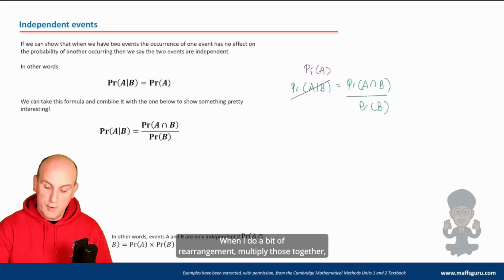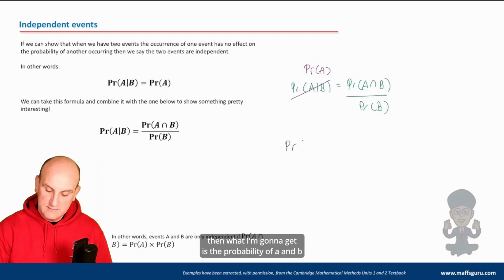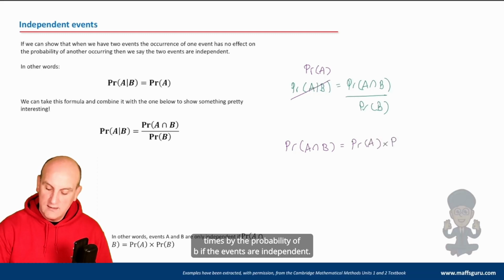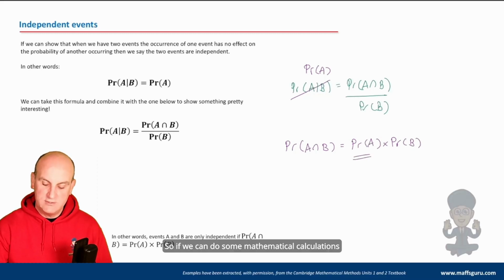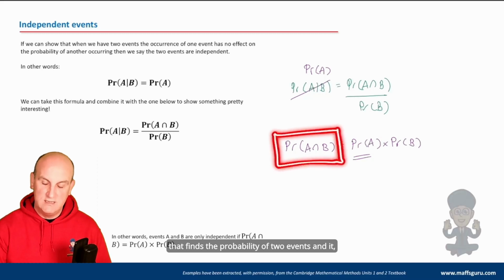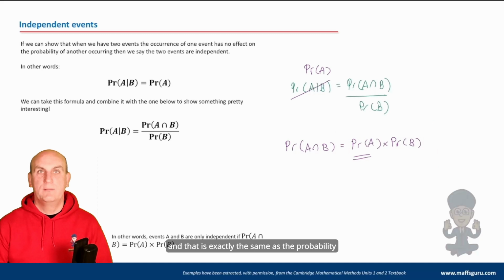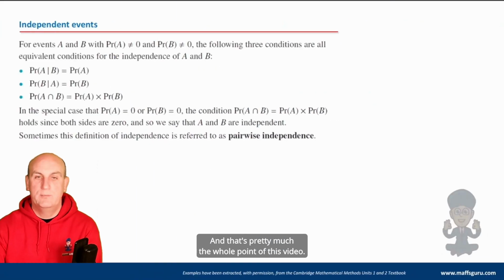When I do a bit of rearrangement, multiplying those together, the probability of A and B is given by the probability of A times the probability of B if the events are independent. So if we can do some calculations that find the probability of two events ANDed, and that is exactly the same as the probability of those individual events multiplied together, then we can say they are independent. And that's pretty much the whole point of this video.